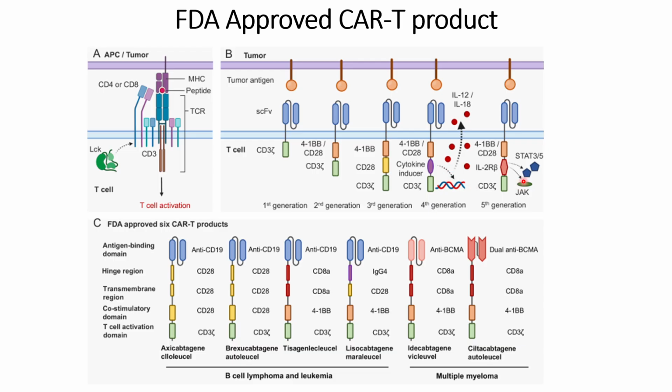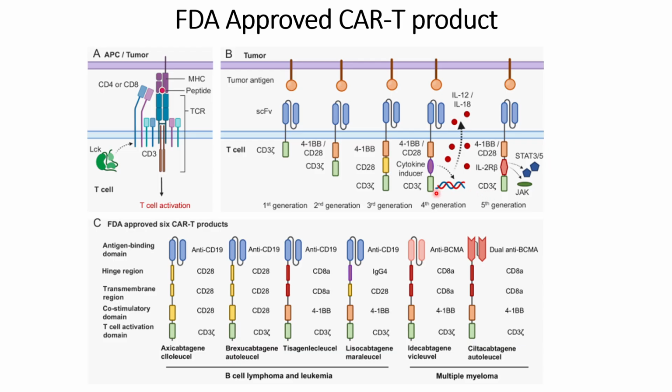And in the fifth generation, along with the costimulatory receptors and CD3 zeta, they have the interleukin 2 receptor beta. It will trigger other signaling pathways such as STAT3, STAT5, and JAK, which will help in the proliferation and survival of the T cells.